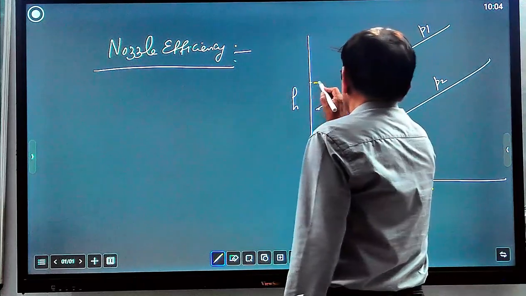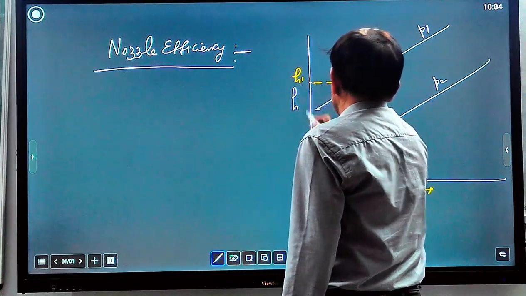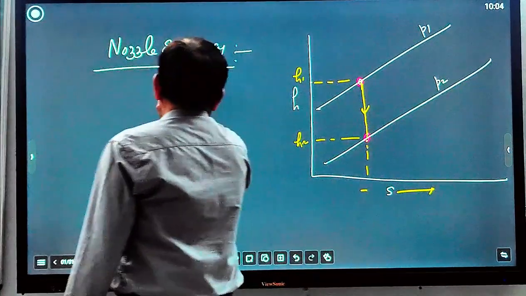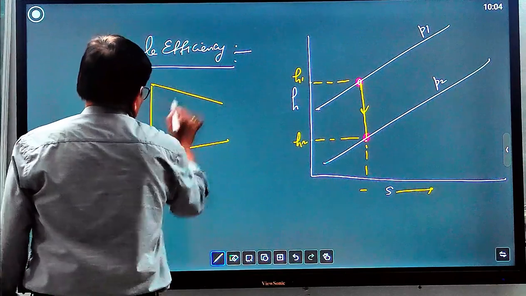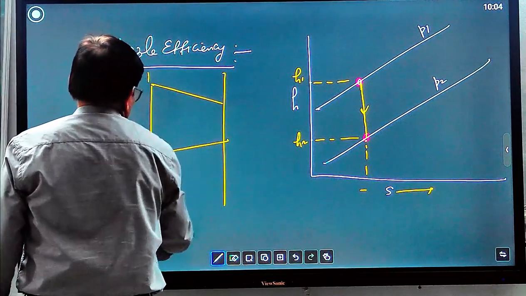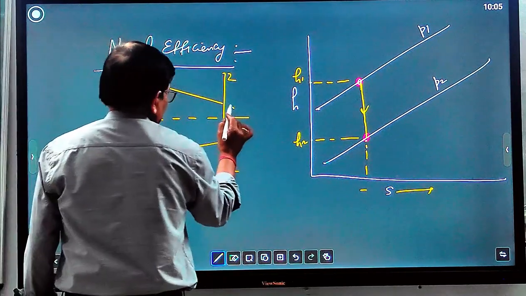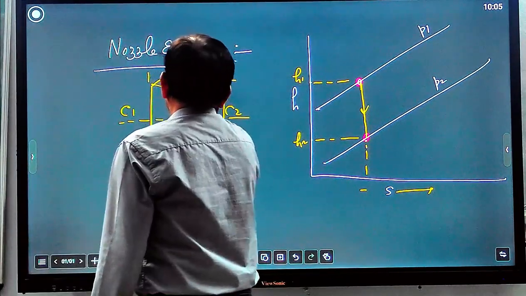So here you can see enthalpy is H1, and here enthalpy is H2 after expansion. These are the two states, state 1 and state 2, and here velocity is C1 and here velocity is C2.